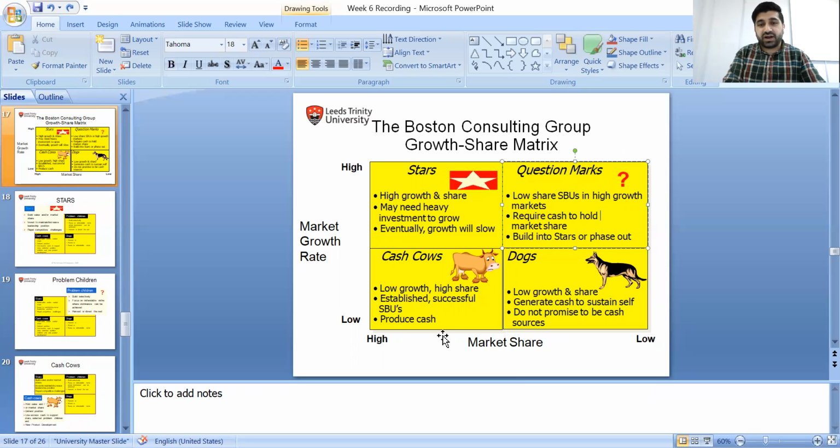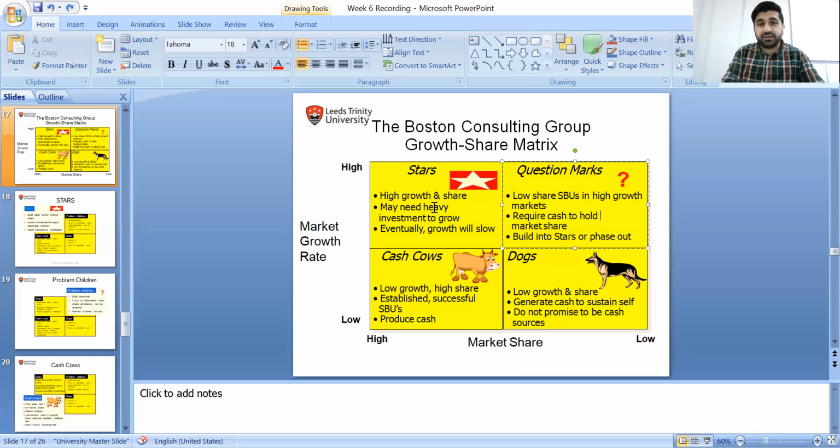Here we can see when we have a high market share and low market growth, that shows the cash cow. Cash cow means we have low growth, however, we have a very high market share. Then we have established our business and successfully run our business. We produce cash. At this stage, we start getting profit.